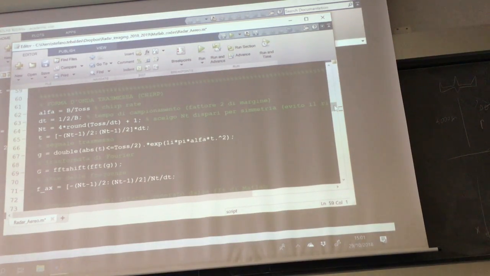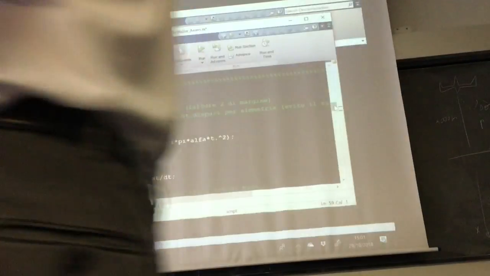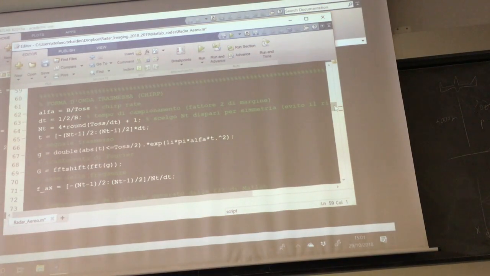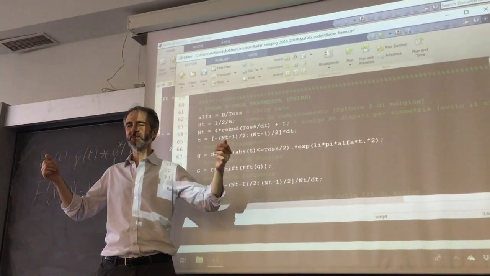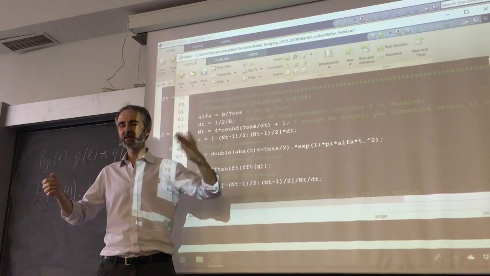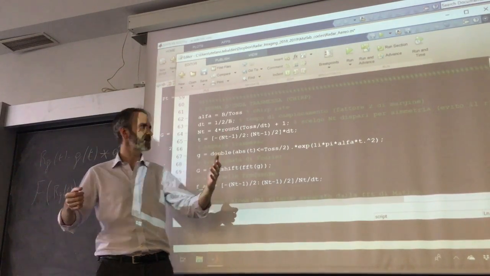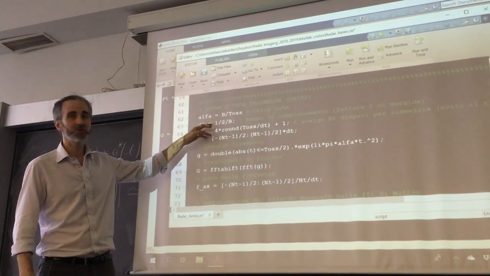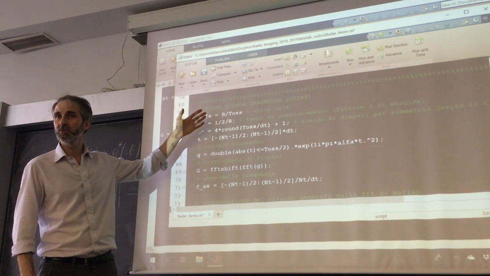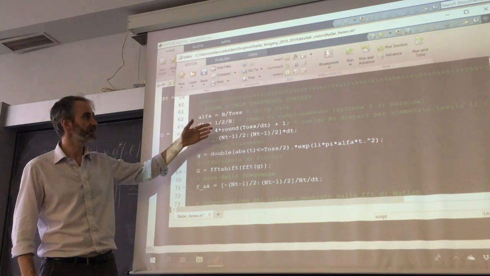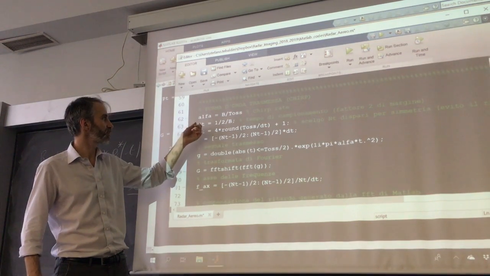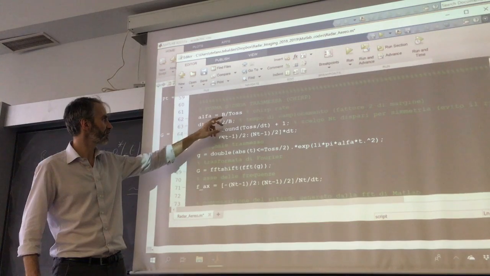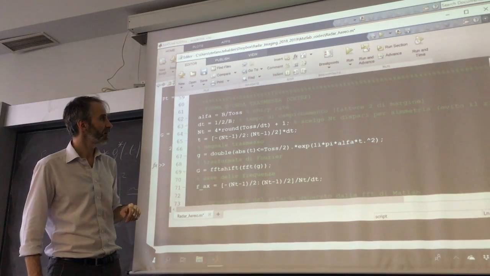And then I also want to simulate this chirp, so I have to set up the time interval where I want to sample the signal, and of course to fulfill the sampling theorem, I get the time spacing better than the inverse of the total bandwidth.